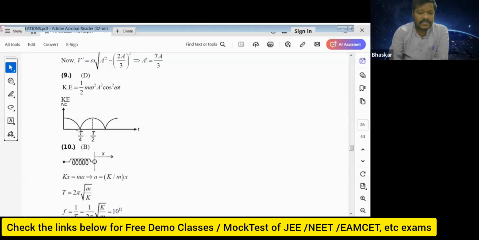Then at T by 4, it takes T by 4 time to come to its equilibrium, and then further it goes 2T by 4 to become high. Further it comes at 3T by 4 so that it becomes 0. Further it becomes maxima, completing the total period. Okay?